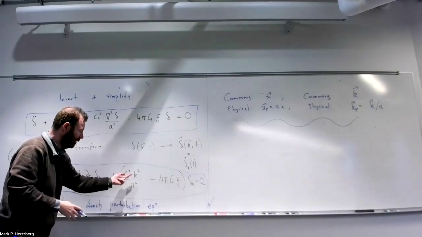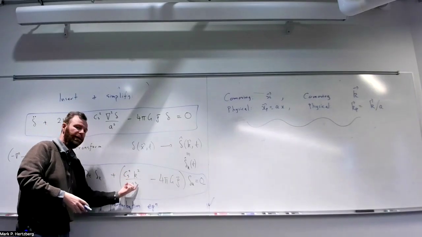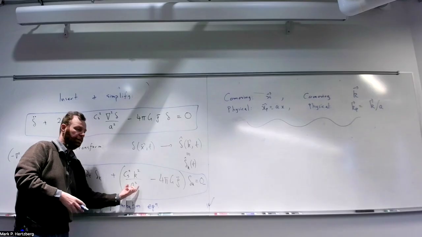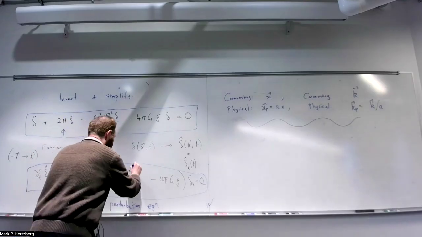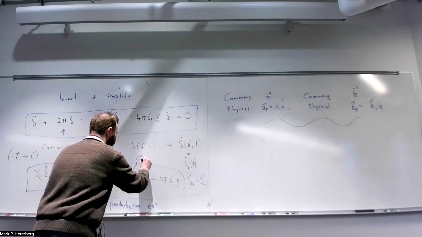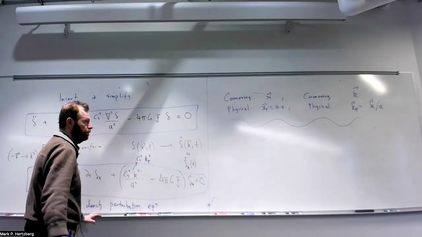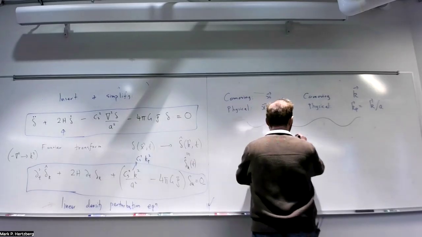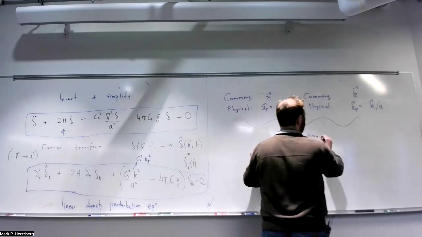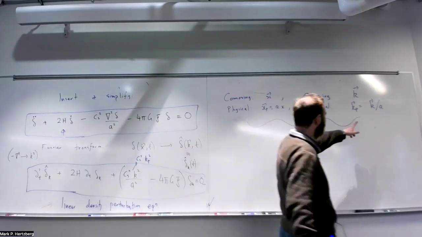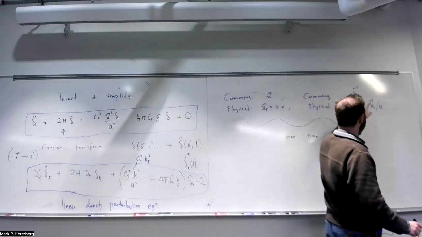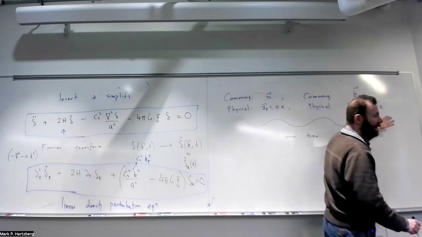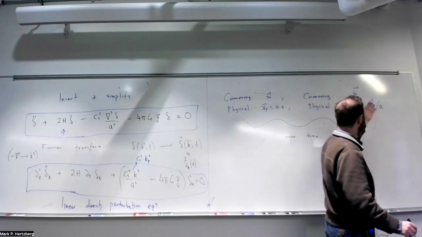As you can see here, the physical wave number, you would write cs squared k physical squared. And so over time, what does this predict? If k is fixed, just as x is fixed, the physical wave number is decreasing in time. That's the 1 over a.